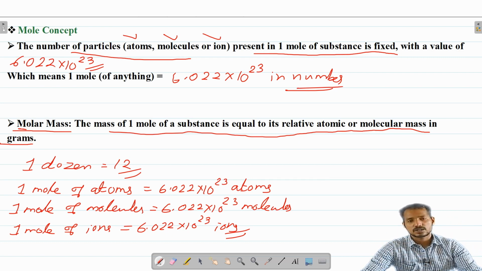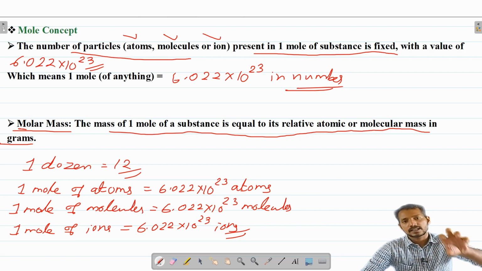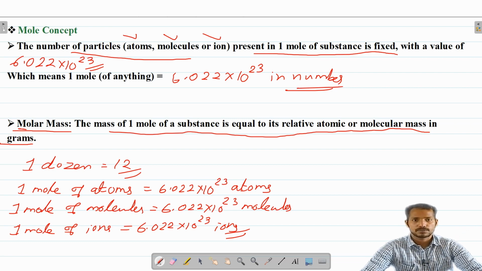This is the reason why we use 6.022 into 10 raised to 23 particles as 1 mole instead of a simple value like 10 raised to 23 or 10 raised to 24.